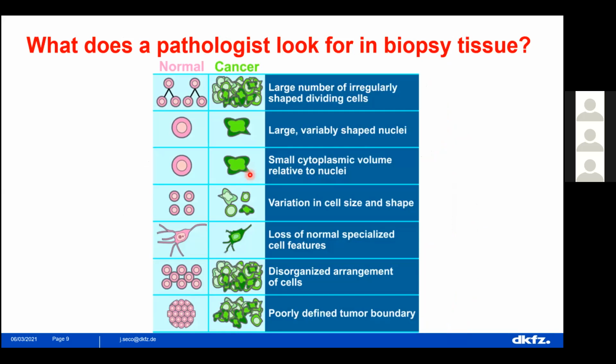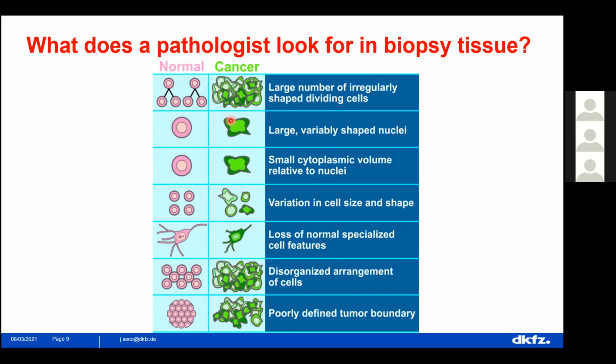Okay, so what does the pathologist look at when he looks under a microscope? Well, here is the difference between a healthy cell environment, and on the right, you see the case of a cancer. The first thing that the pathologist looks at is the structure. Are the cells very organized, with the same shape and same structure? If so, it's a good sign. If it isn't, it's cancer.